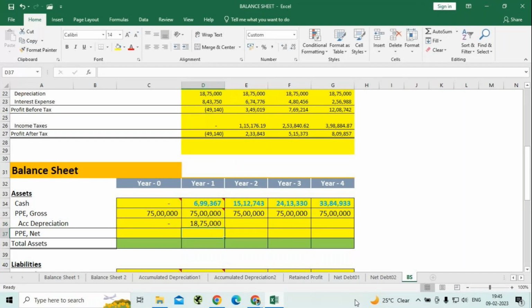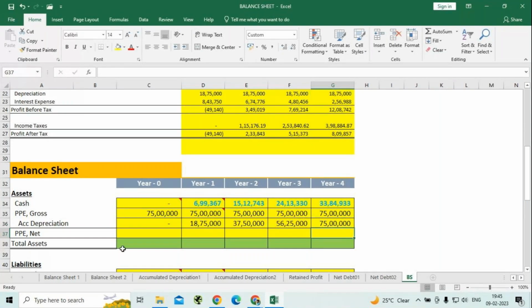So same thing it is for the year 2. So the current year plus the previous year. Same way for the next current year plus the previous year. And finally, when it comes, the depreciation value should be equals to the asset value.